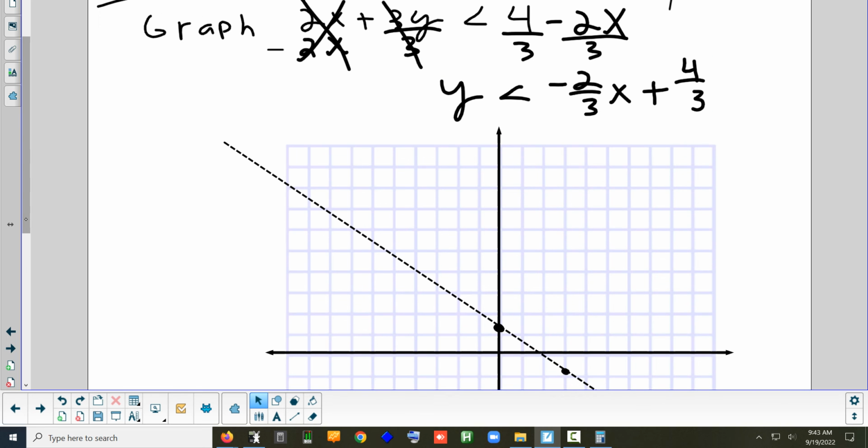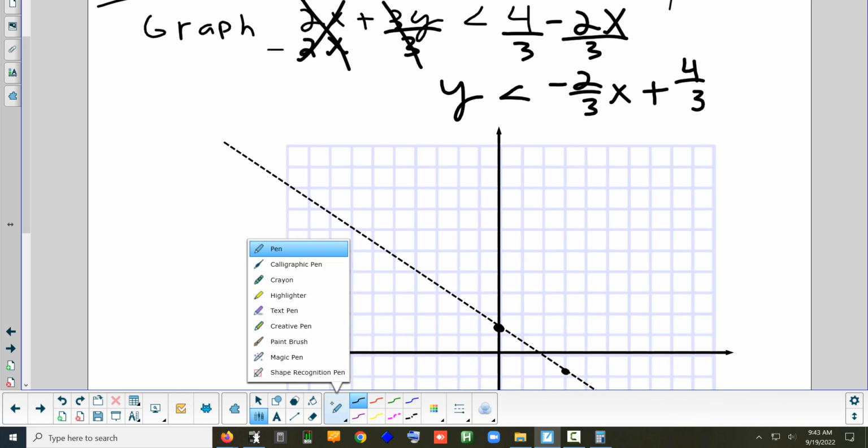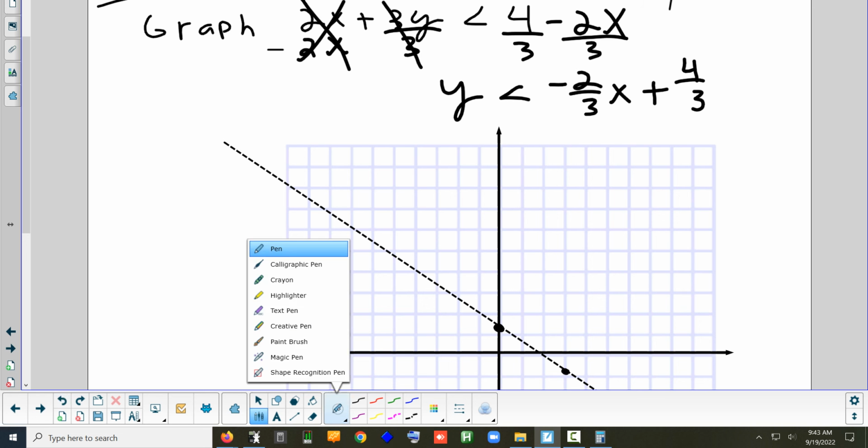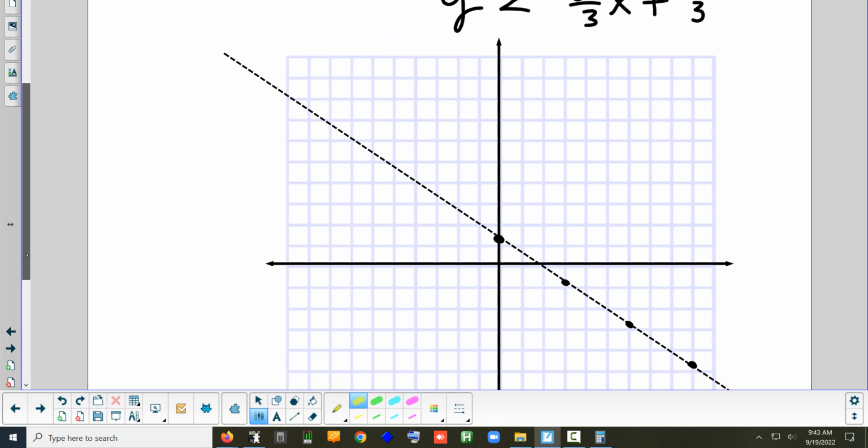And the last thing is, where am I supposed to shade? Above or below? Above. Yeah, this is a less than. So whenever we have a less than, we shade below.